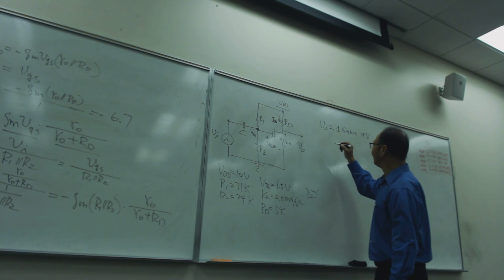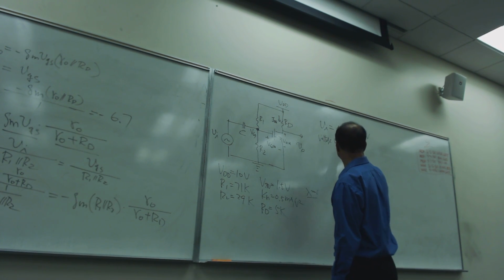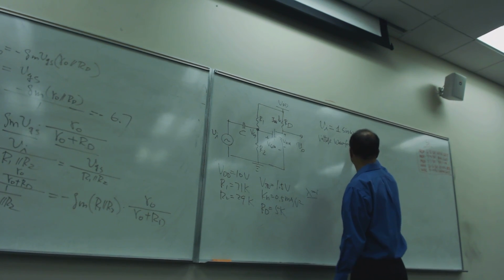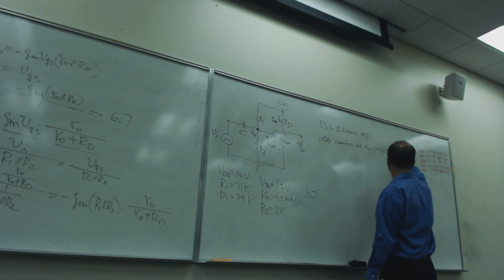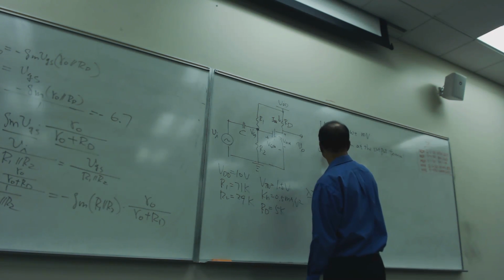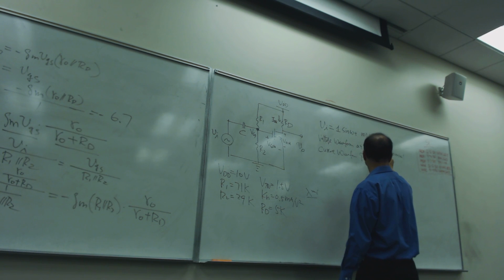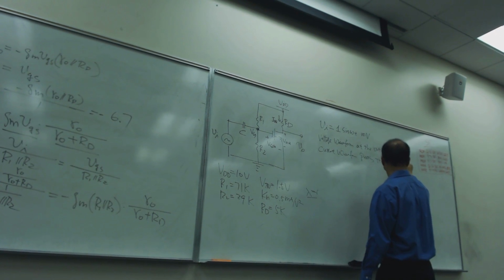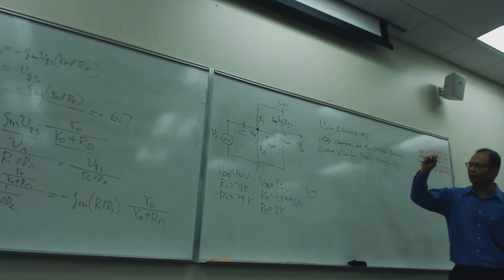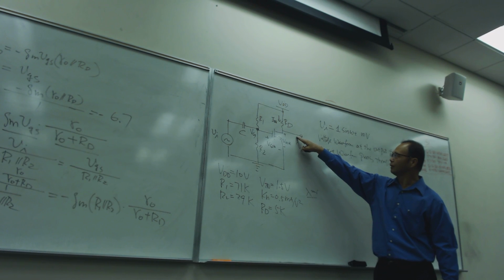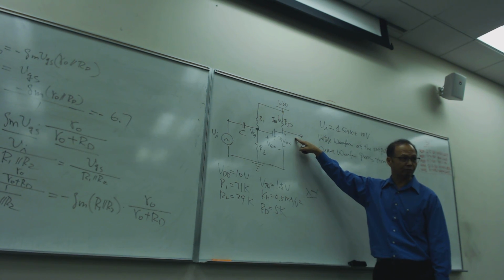Then I want to find out what is the voltage waveform at the output terminal, and I want to find out what is the current waveform passing through R sub P. So basically, if you have an oscilloscope probe at the output, you can measure the voltage waveform and the current waveform, right?